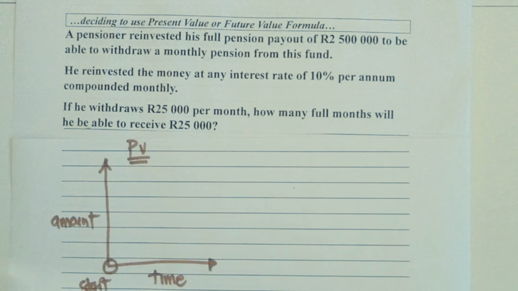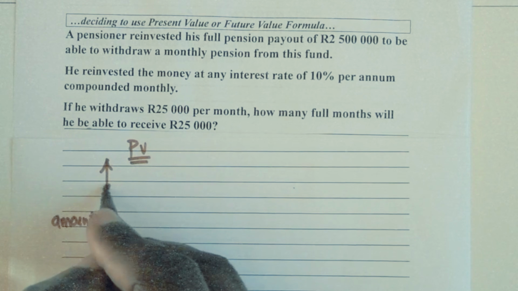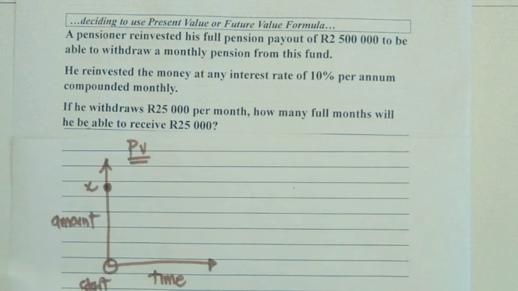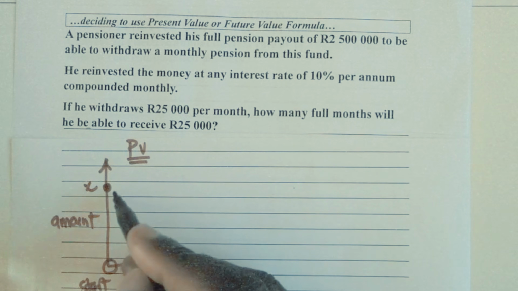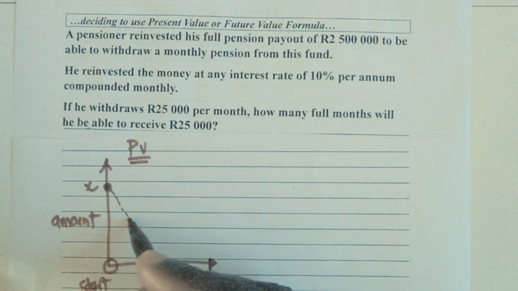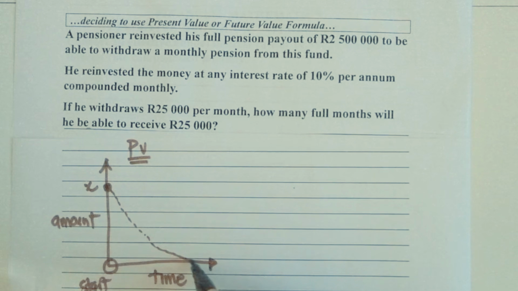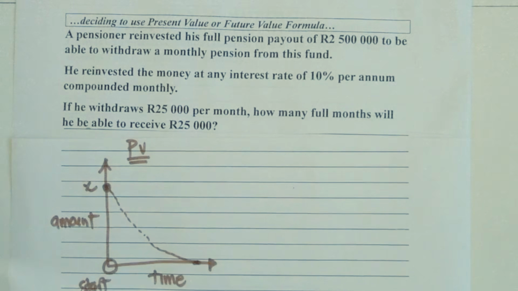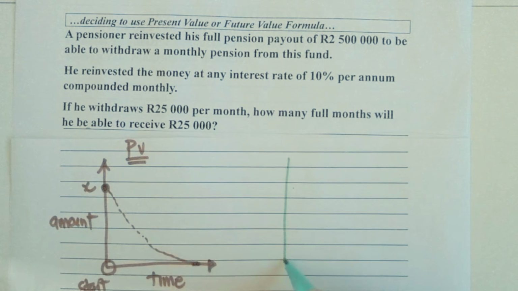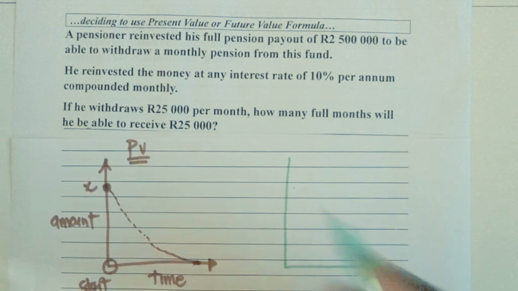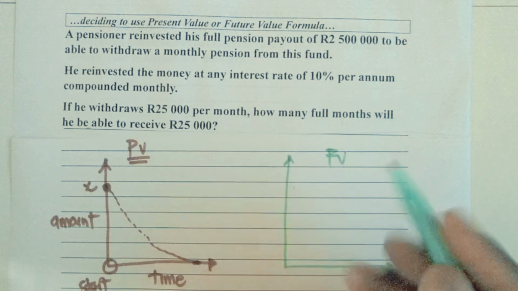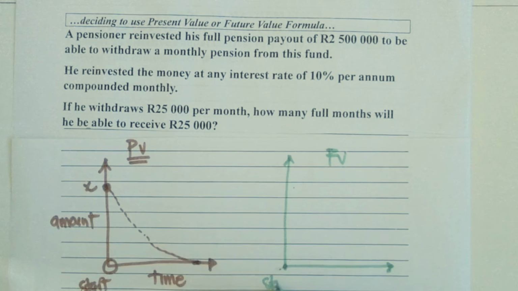For PV, we start with an amount X, and from that amount X, we start to pay off until we reach a zero amount. But for FV, if I can show it graphically, this is our start.